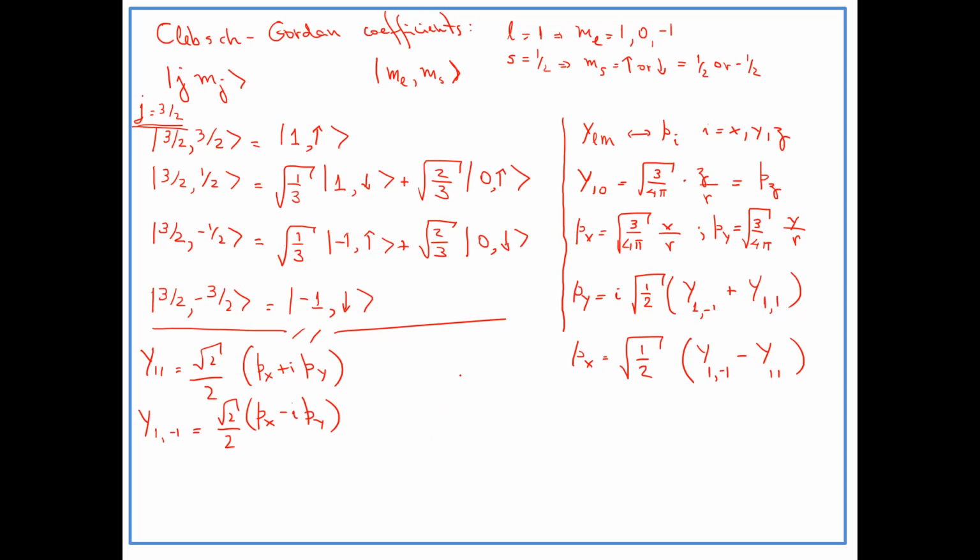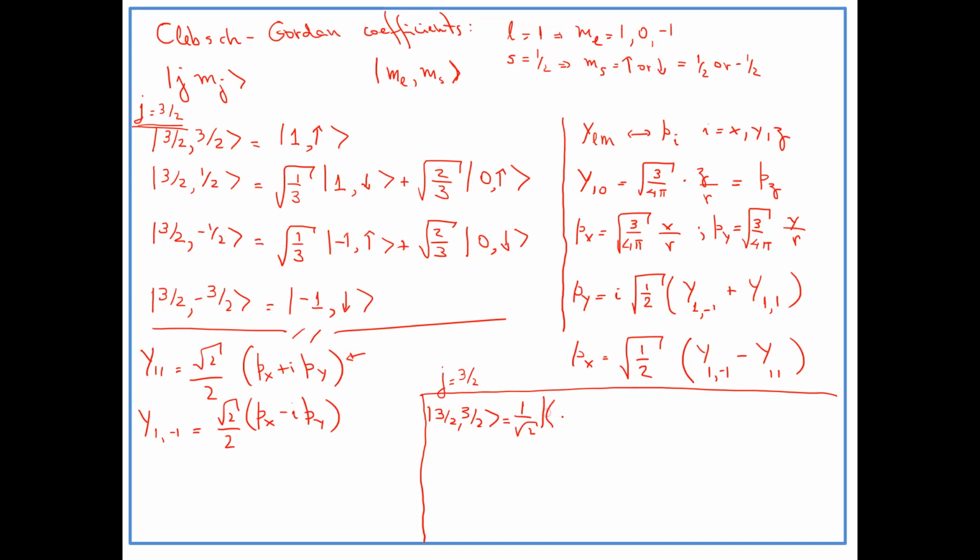Let me write here the basis functions for J equals 3/2 in terms of px, py and pz. The 3/2, 3/2 state is 1 over root 2, and then I take ML equals 1 corresponding to this spherical harmonic and substitute px plus i py.